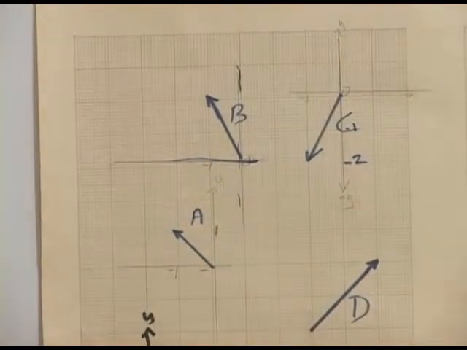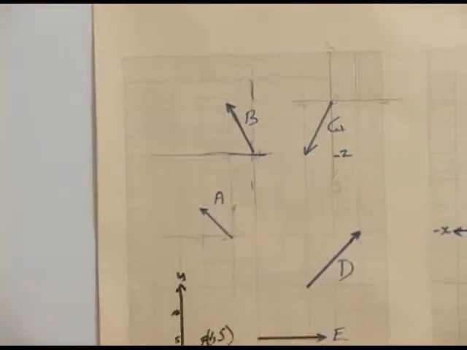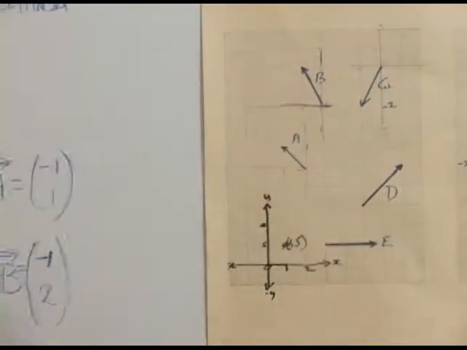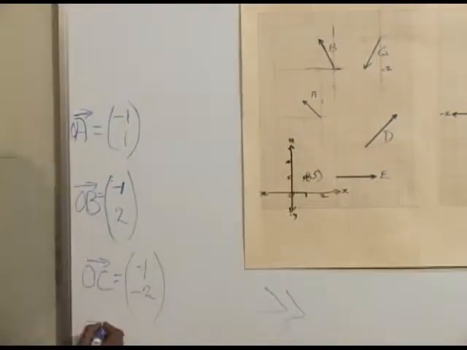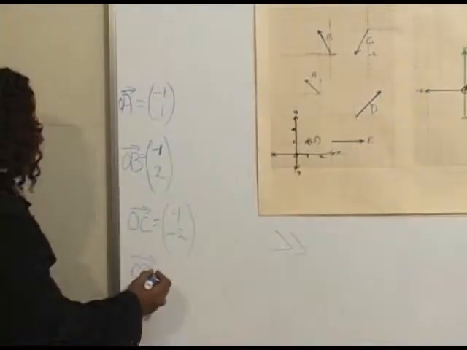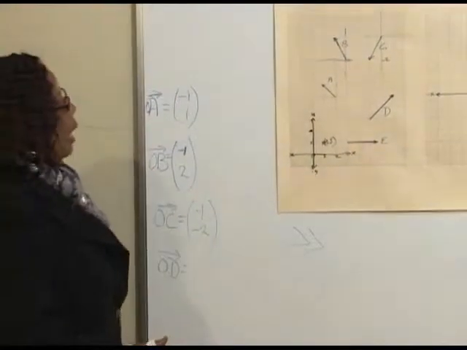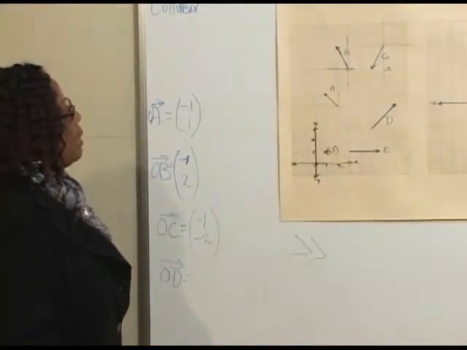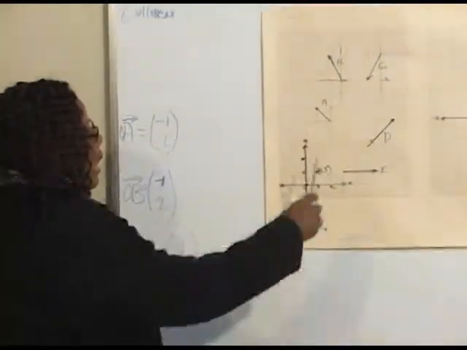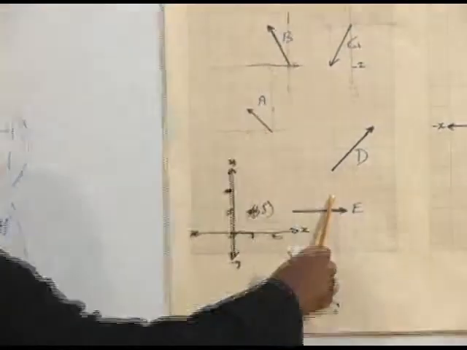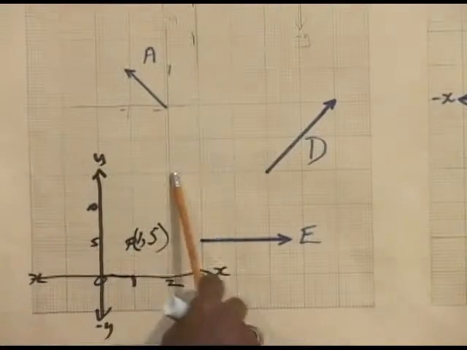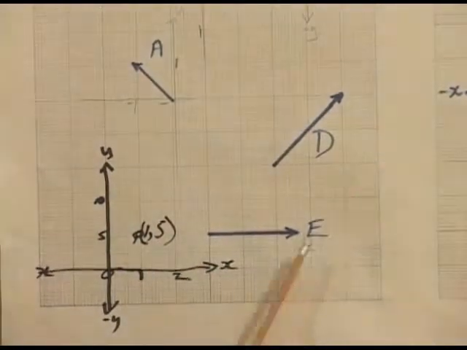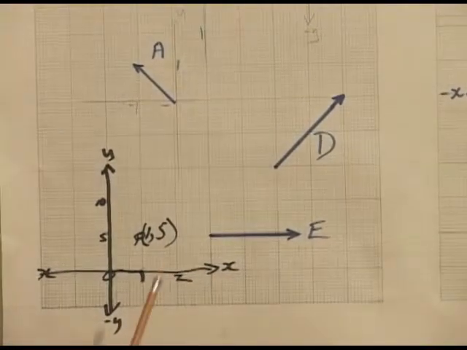Then we come to the vector D, and we want to find position vector OD. I'm sure we have first set it, so that we can use it. This is where the vertical line would have been coming, and this is where our horizontal line is. So we do our horizontal movement first.